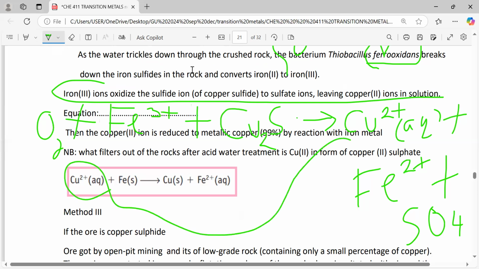The copper 2 plus reacts with the iron provided. So you get pure iron metal now, which reacts with your copper 2 aqueous to get you those products.